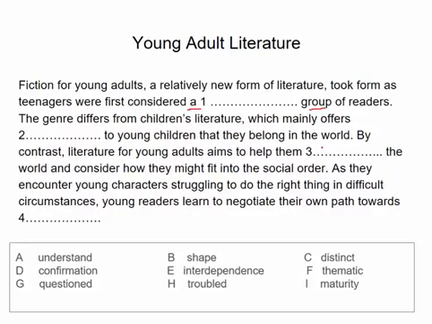If I were trying to analyze this ahead of time, I would mark a little note here that I'm looking for a verb in this slot. And number 4 then, the last one: young readers learn to negotiate their own paths towards, well, towards is a preposition, towards something. We're looking for another noun for number 4, okay?